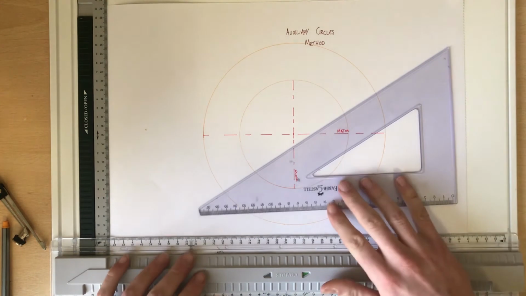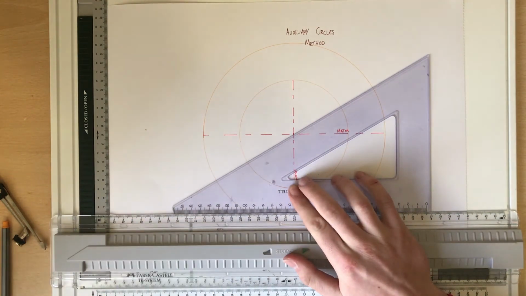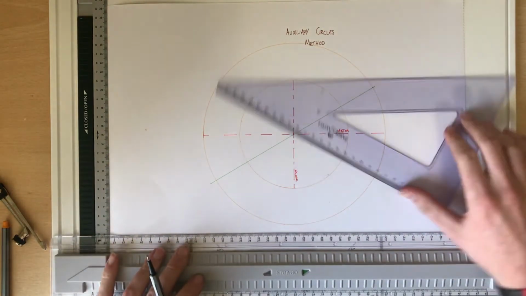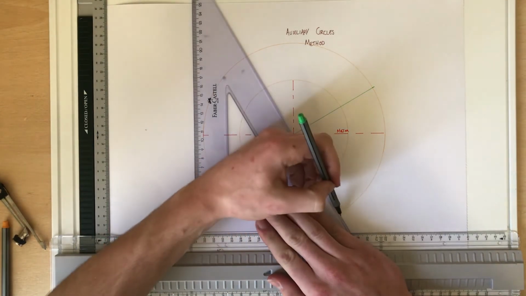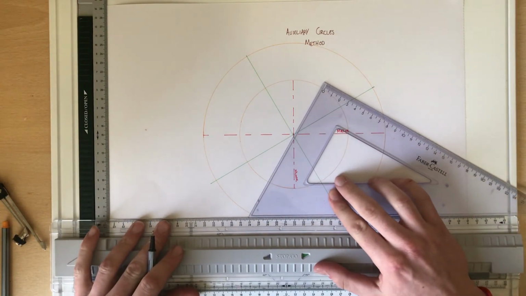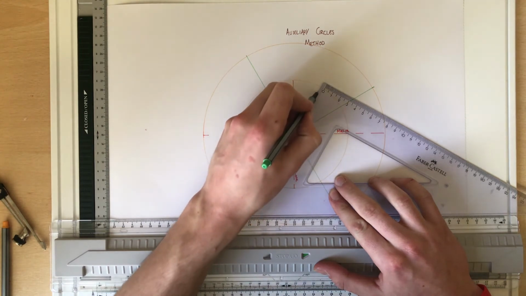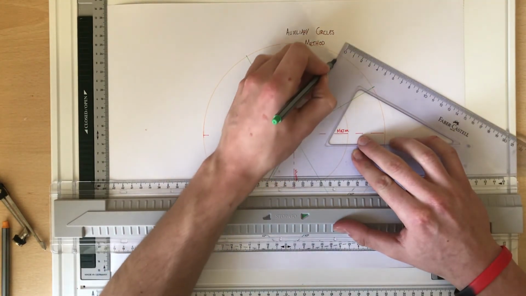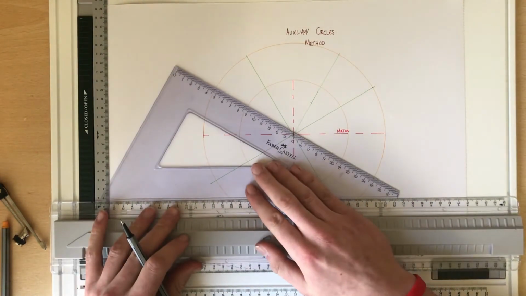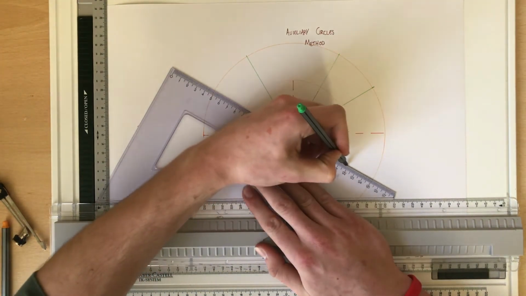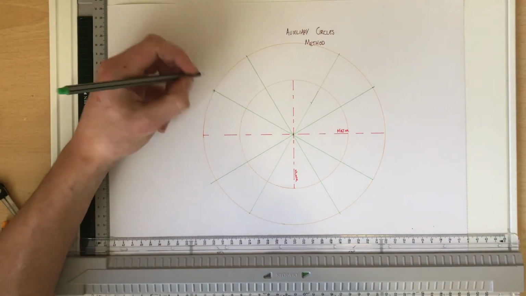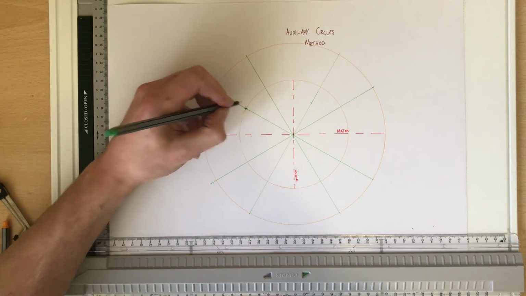I'm going to use my 30 degree set square, and I'm going to draw a line at 30 degrees this way, at 60 degrees, 60 degrees this way, and 30 degrees here. So this will give me points where it cuts both the major auxiliary circle and the minor auxiliary circle.